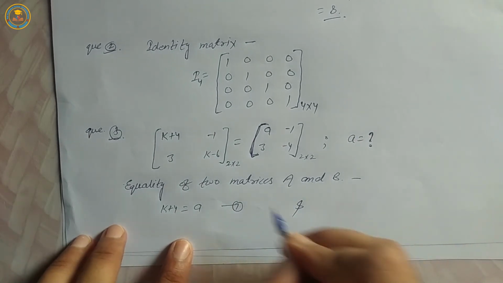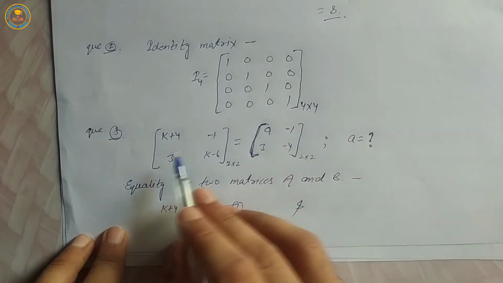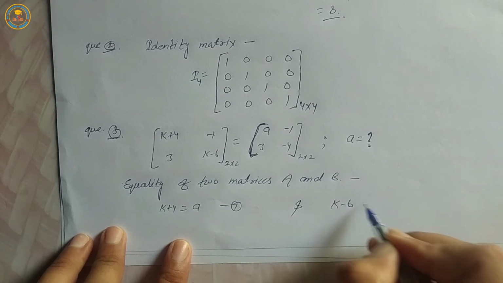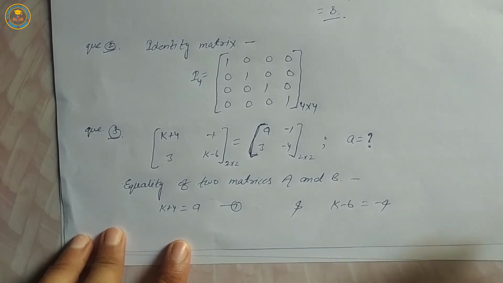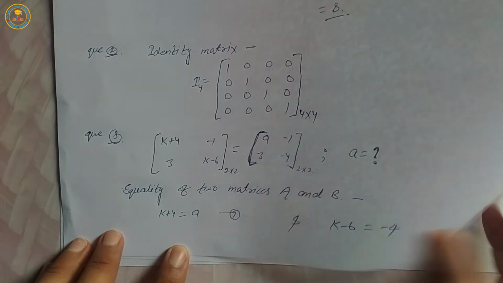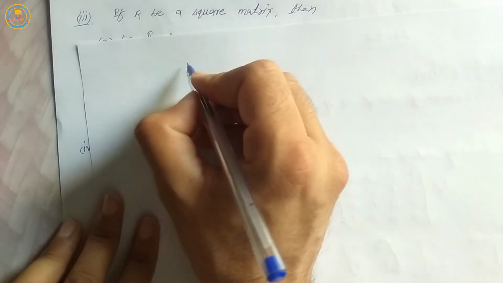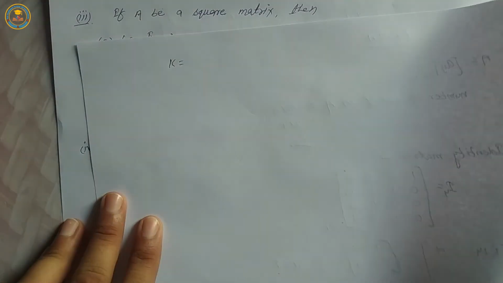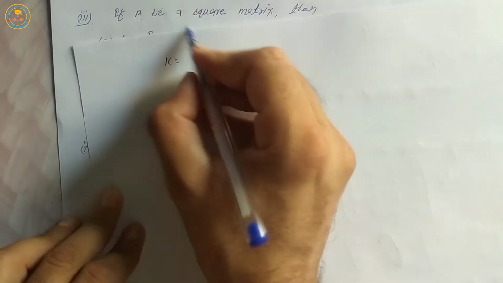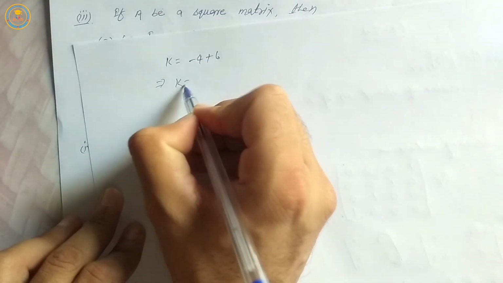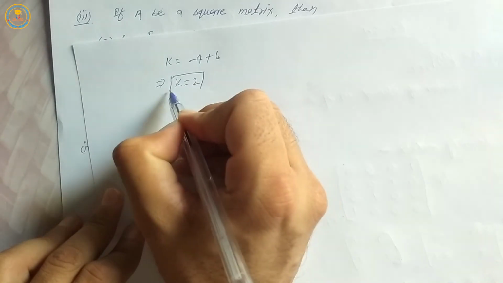Minus 1 is equal to minus 1, 3 is equal to 3, and k minus 6 is equal to minus 4. So k is equal to minus 4 plus 6, k is equal to 2.